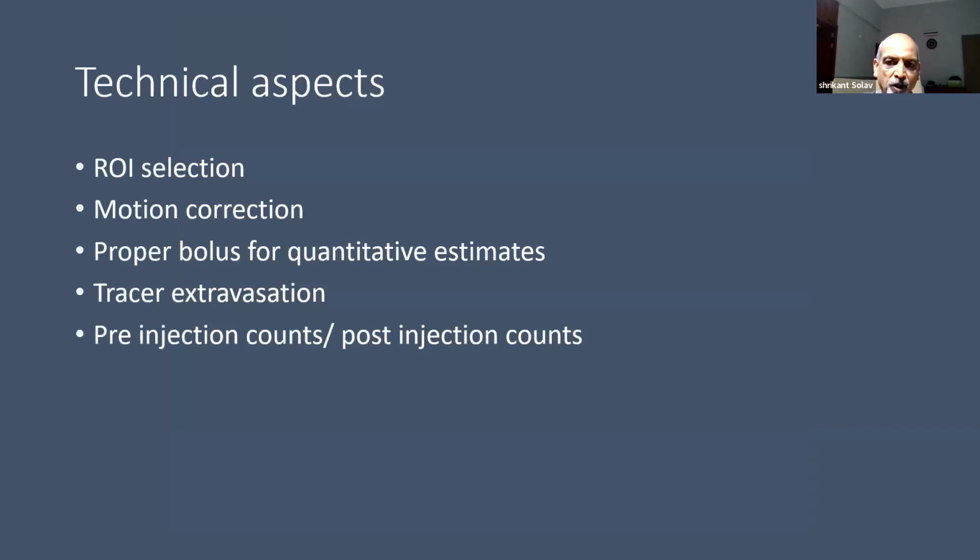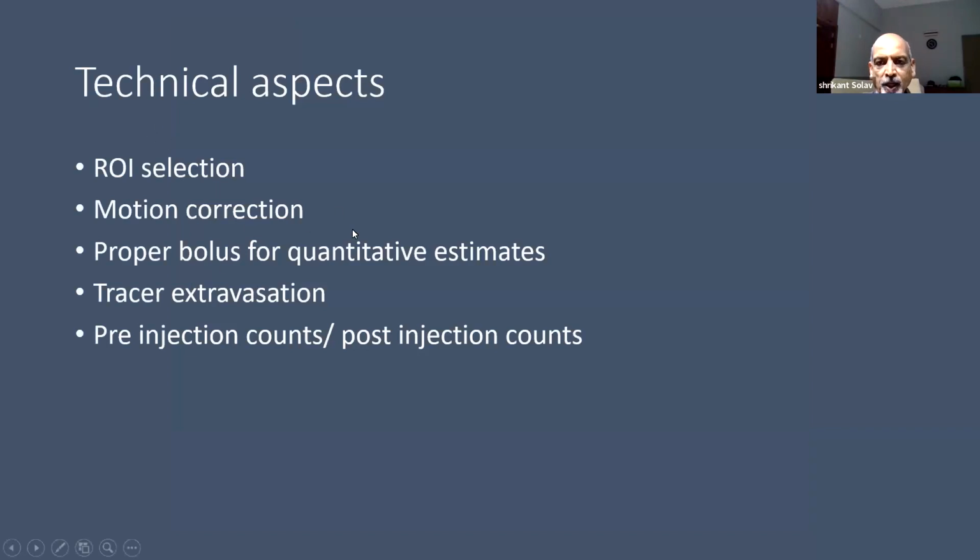So as a physician, it's important for us not to just report on the films which are provided. You have to go to the console, look for all these areas of pitfalls and try to correct them before giving a verdict. As I said, motion correction, ROI selection.